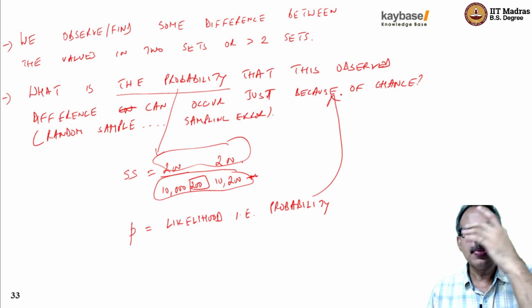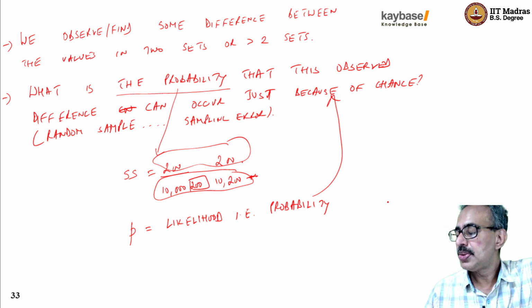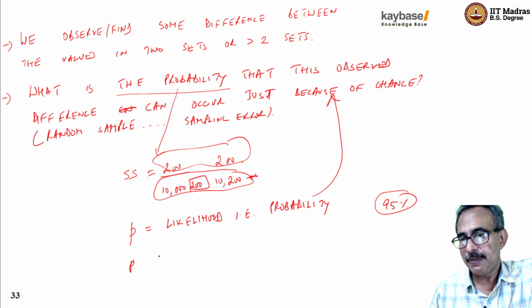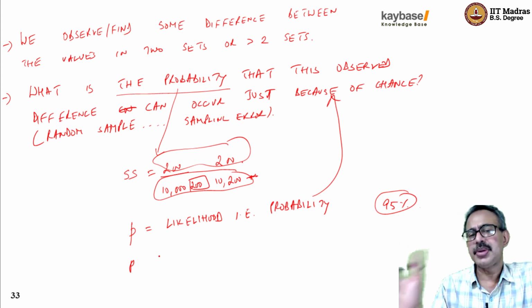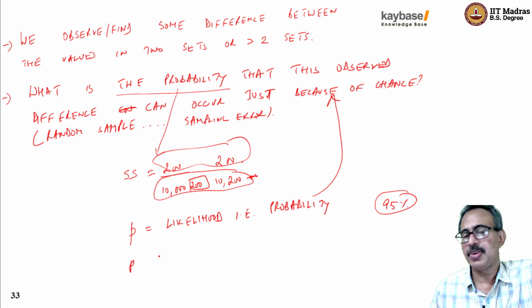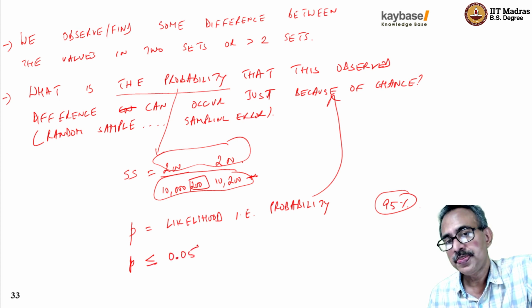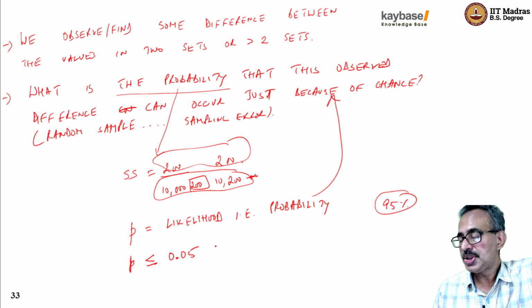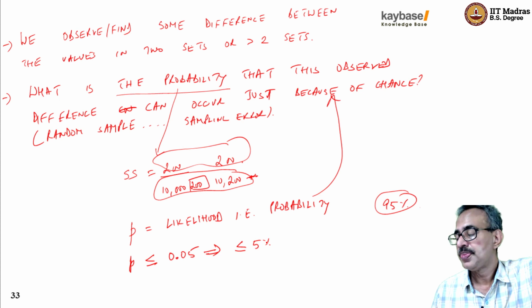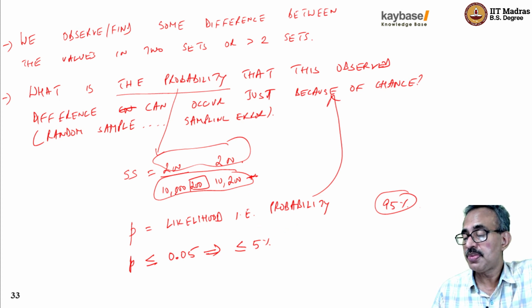Alright? Now, for most market research studies, we use something called 95% confidence. This means that if the p-value that we calculate from the test, which a software will do for you, you don't need to know the formula these days, you can just use the software, if the p-value is less than or equal to 0.05, it means the chances are less than or equal to 5% that the difference we have observed, given the sample size, is only due to chance.